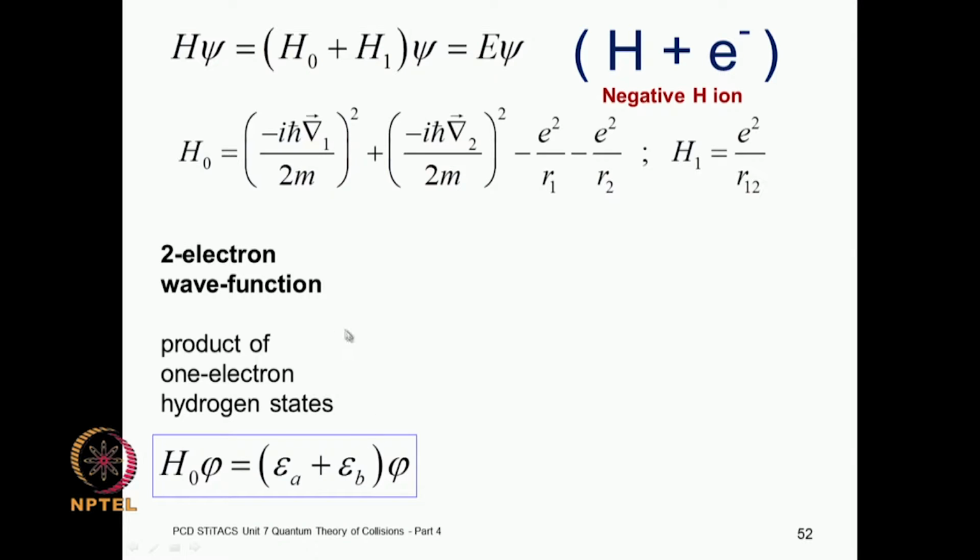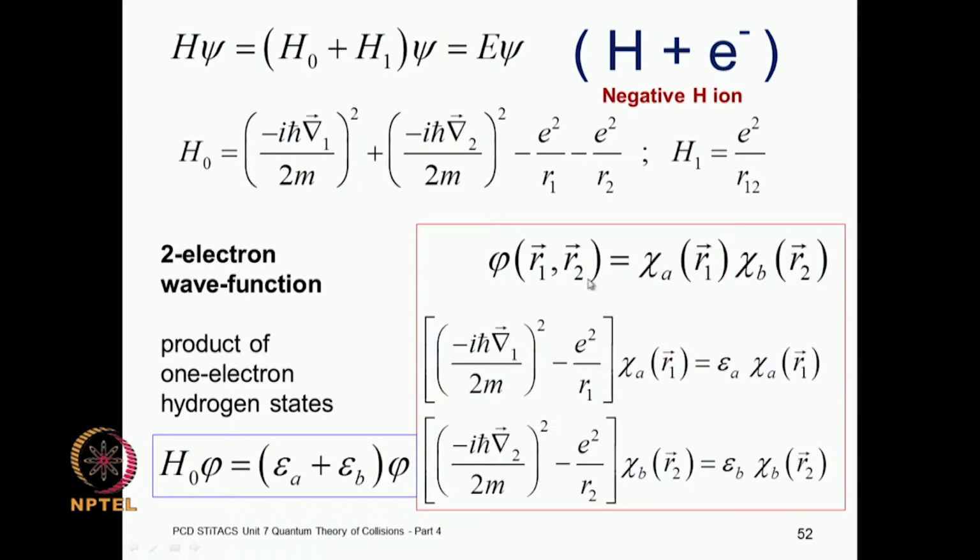Now, you can write the two electron wave function as a product of these hydrogenic states, obtained as solutions of these two independent Schrodinger equations.